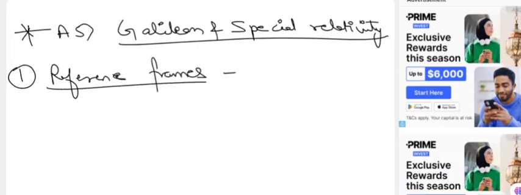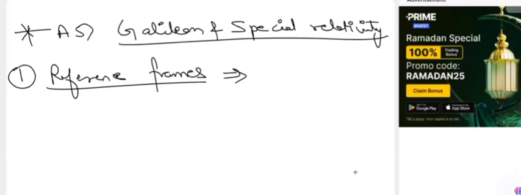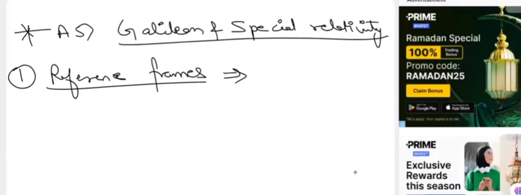Reference frame is nothing but the coordinate system of x, y, z and t, which denotes the space and time of a given object. Understood?